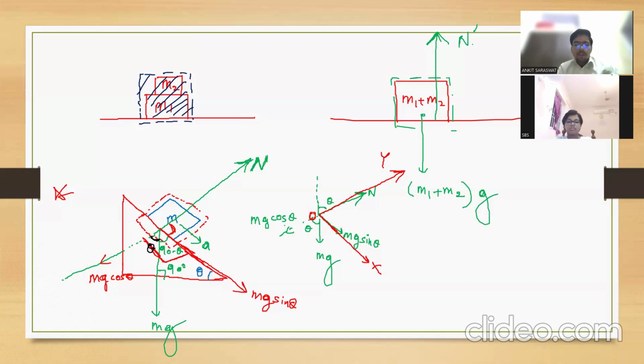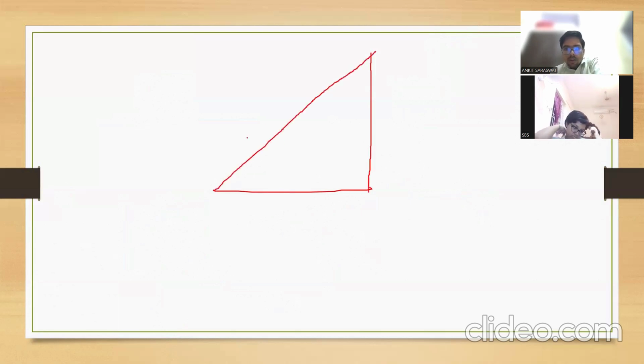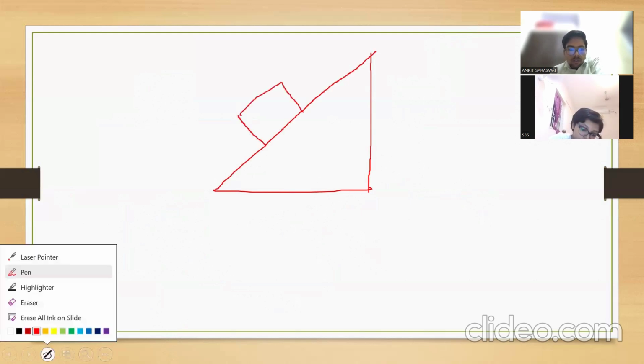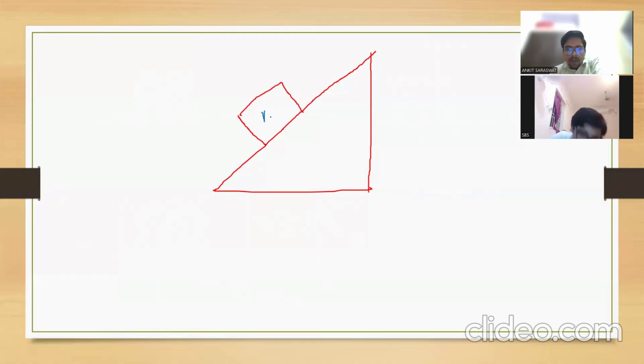Now I will ask you, if this block is placed like this. See, this is the wedge. This block has mass m, and this is theta. Now draw the free body diagram.